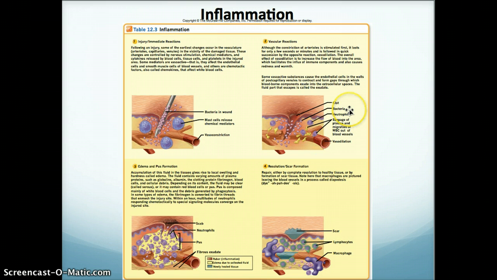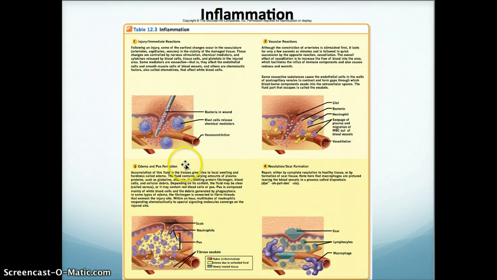You can see there's bacteria that have been introduced to tissue. We have neutrophils, which are those great cells that are capable of phagocytosis we talked about in the last lecture. And then we have seepage of all of these different chemicals and cells that will help in taking care of this infection. So that's part of that vascular reaction.